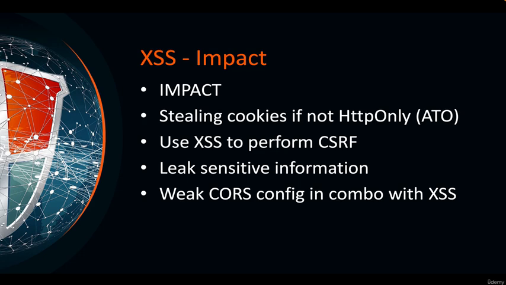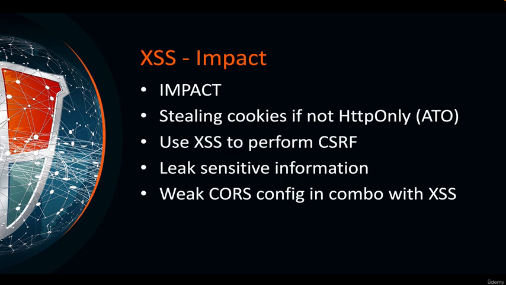Another thing is that very often you can combine cross-site scripting with CSRF. You can use a cross-site scripting vulnerability and the script you can execute to actually perform a CSRF, a cross-site request forgery action against a victim, to then change their email address or whatever, right? So this is often chained together. You can often also leak sensitive information, like payment information that may be just appended to the DOM.